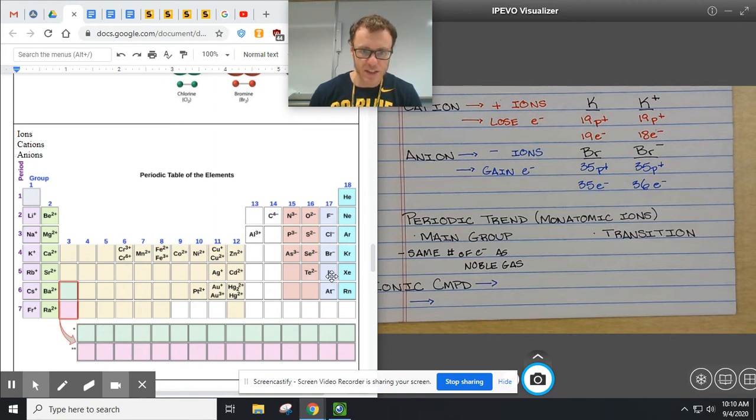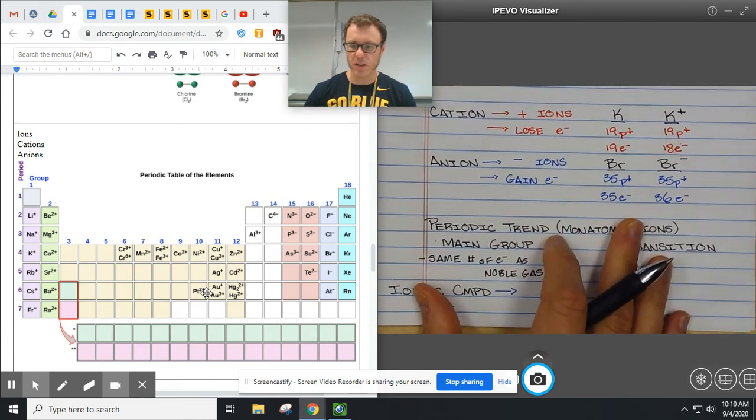And you can see these trends for the main group elements, this charge is the same for everything in the group. So all the halogens make -1 ions. All group 16 make -2. All group 15 make -3. We're not going to really handle carbon, so don't get too caught up in that. Group 1, all of these will lose 1 electron. Group 2 will lose 2 electrons. These are main group elements. The transition elements work under a different notion, and we'll get there later. So just understand that these are going to work under a different set of rules.